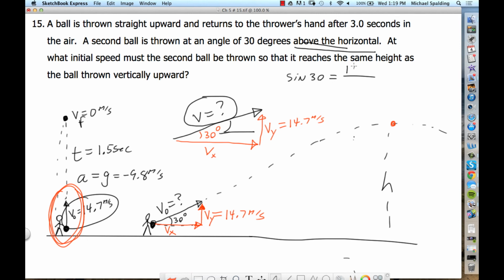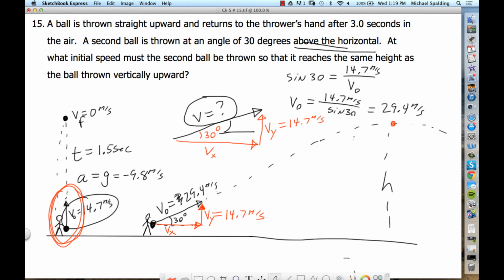Opposite is the y velocity, 14.7. The hypotenuse is the total velocity, which is what we're looking for. So V initial is going to be 14.7 divided by sine 30, which gives us 29.4 meter per second. You guys get that? That's a hard one.